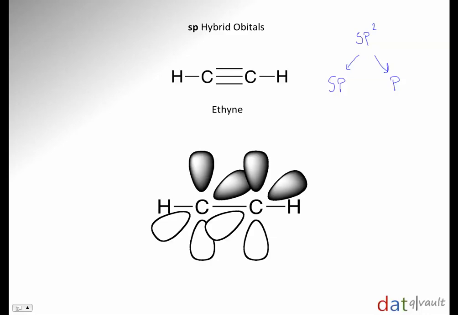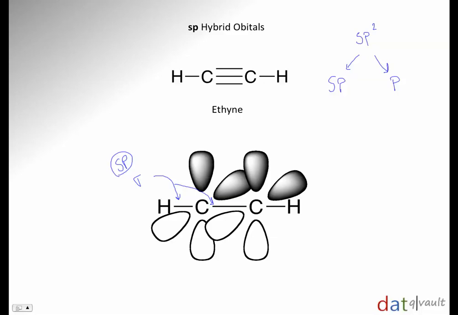We basically have now 2 p orbitals around each of the carbons, and each of the carbons also is participating in a sigma bond. Our sigma bonds are here between carbon and hydrogen, and carbon and carbon. These are the sp orbitals participating in these sigma bonds.